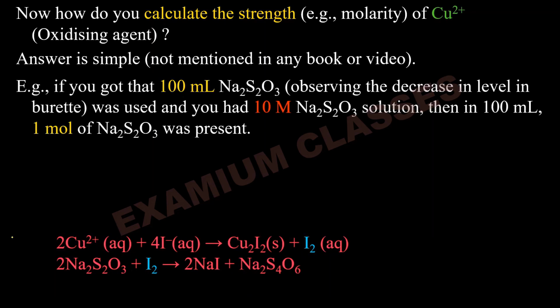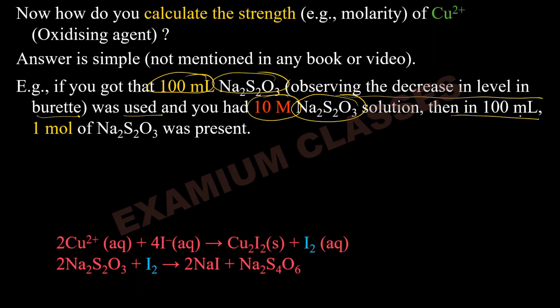So for example, if you found, by observing the decrease in the level of the burette, that 100 milliliters of Na2S2O3 was used, and you had a 10 M Na2S2O3 solution, then in 100 ml, 1 mole of Na2S2O3 was present.